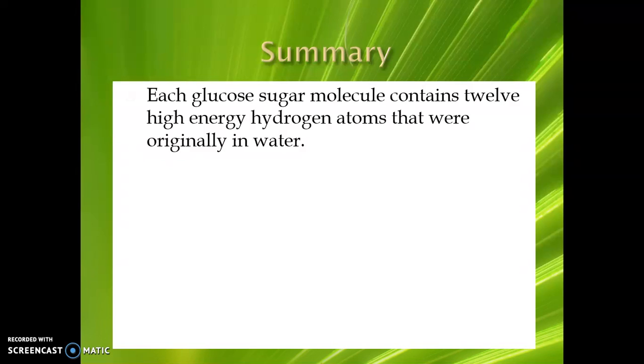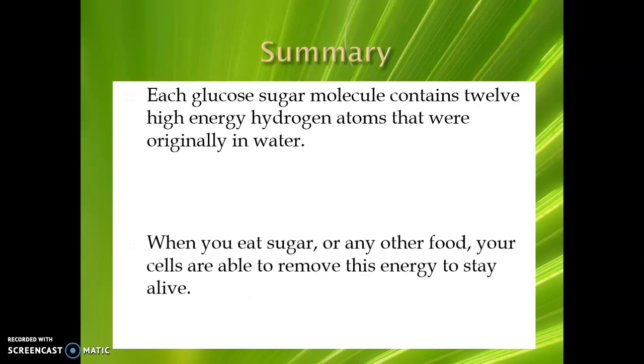So let's finish up by talking about why this process is so important. Because one single glucose has 12 high energy hydrogen atoms stored in it. And it originally came from water. Those hydrogens came from water, and we turned it into sugar, C6H12O6. 12 hydrogens that are in a stable form that can be stored that way and then be used when somebody needs it.